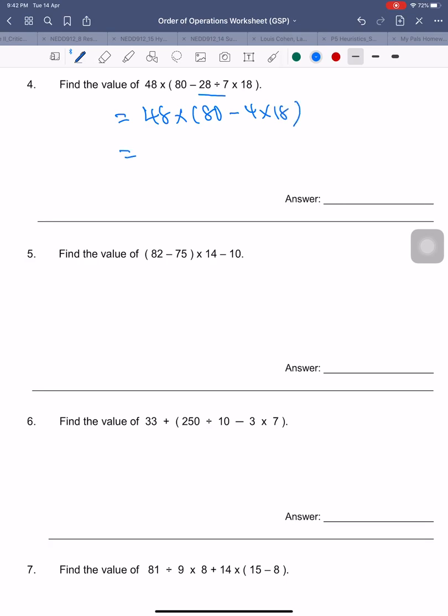The bracket is still there, so keep doing it. Do the multiplication first. 4 times 18, 72. The bracket is still there, so work this out. 80 minus 72 is 8. And lastly, 48 times 8, 384.